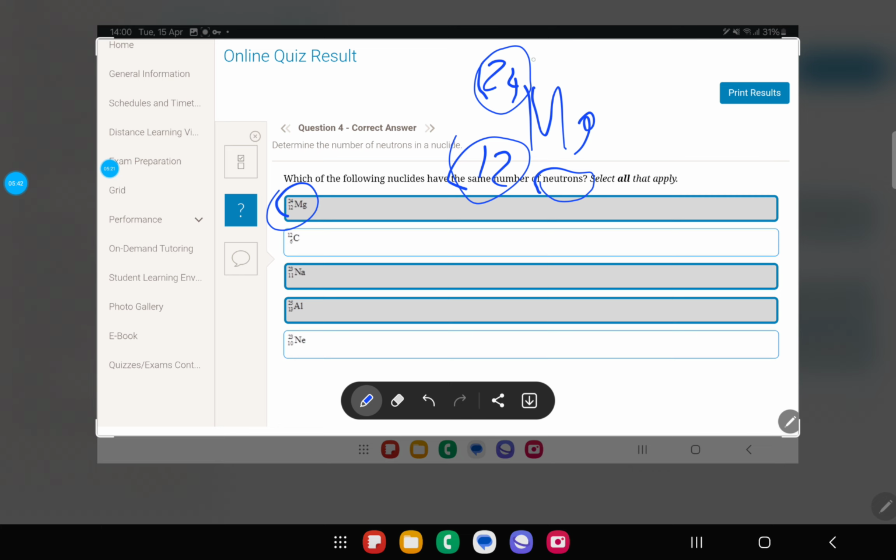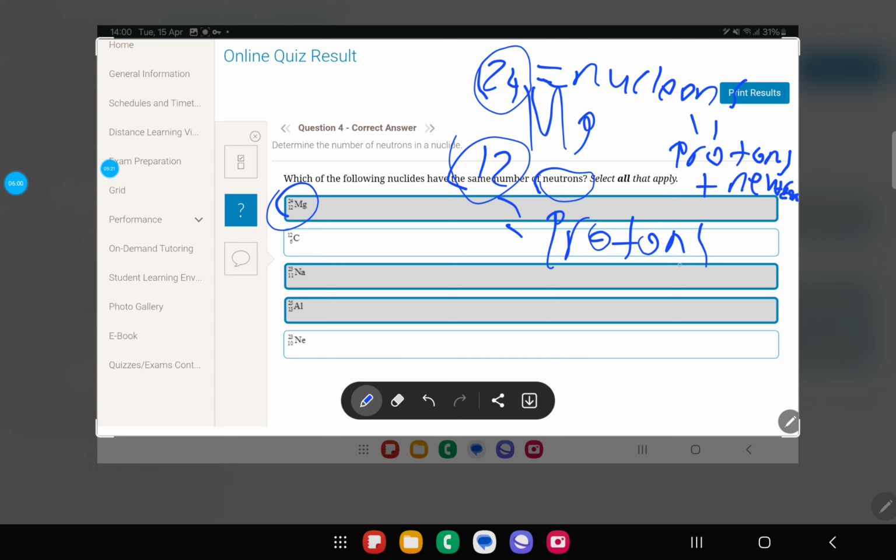Before we do anything else, the mass number makes up the nucleons, which are basically protons plus neutrons. It's a sum. While the atomic number is the number of protons in this nuclide. So it has 12 protons and 24 nucleons. Since this is protons plus neutrons and we have protons, we don't have neutrons. We're trying to find it.